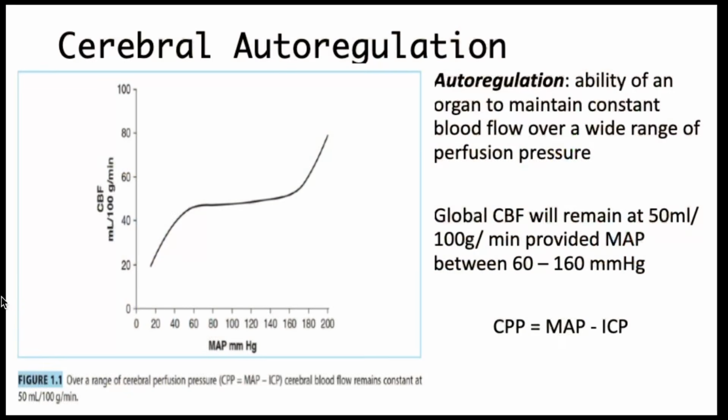So the next concept that I have mentioned before that we need to talk about is cerebral autoregulation. So first of all, what is the definition? The definition of autoregulation anywhere is the ability of an end organ to maintain a constant blood flow through a wide range of mean arterial pressures.